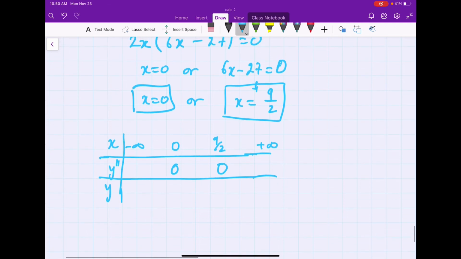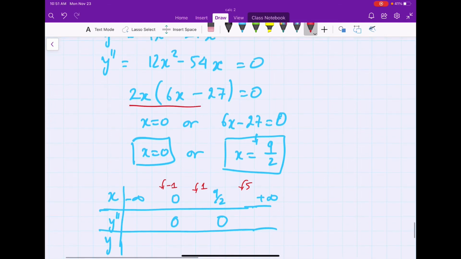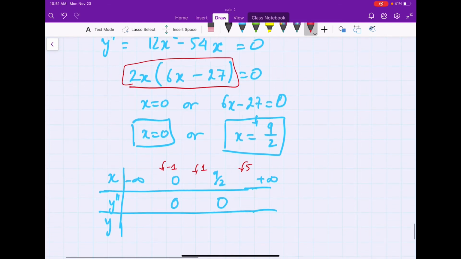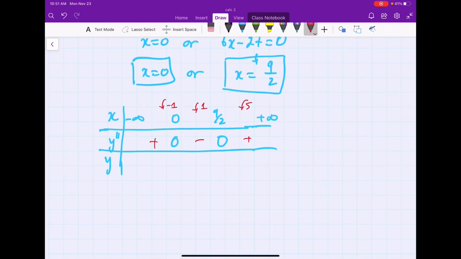Now you have three intervals. You pick, for example, here you pick 1, you pick -1, right? Here you may pick, okay, let's say 5. You plug these numbers into the second derivative right here. At 1, the second derivative is negative. At 5, the second derivative is positive. And here I also have positive. So the function is convex, means looks like this.